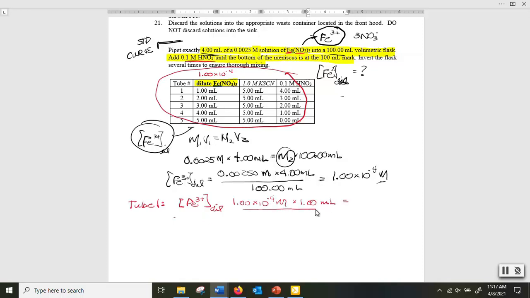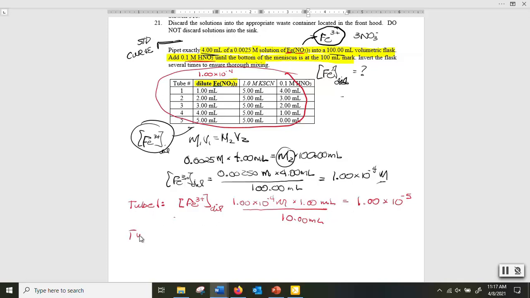It's now divided by the total number of milliliters, which is 1 plus 5 plus 4, or 10 milliliters. So our initial concentration of iron for test tube 1 is 1.00 times 10 to the minus 5th.